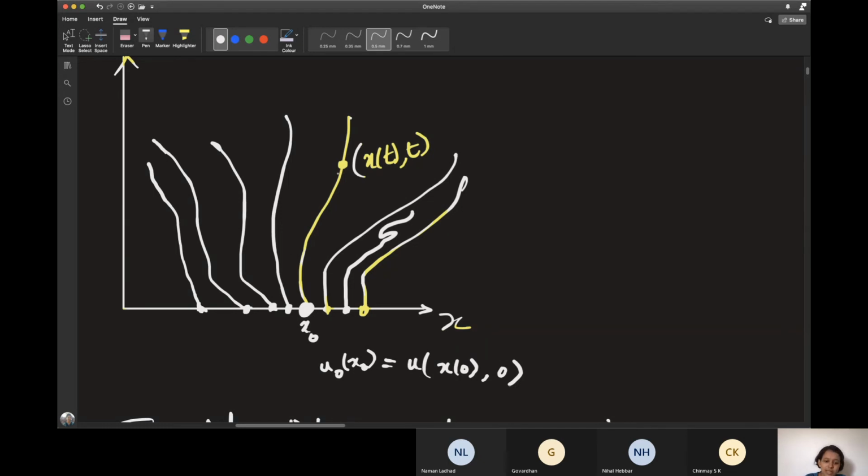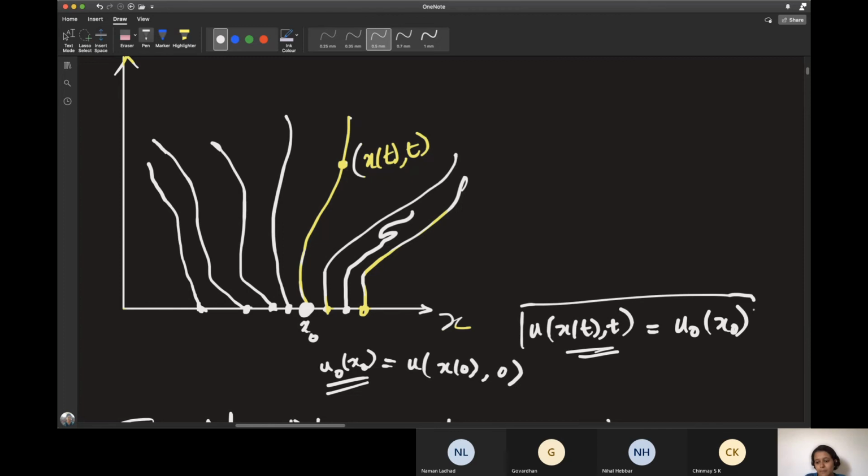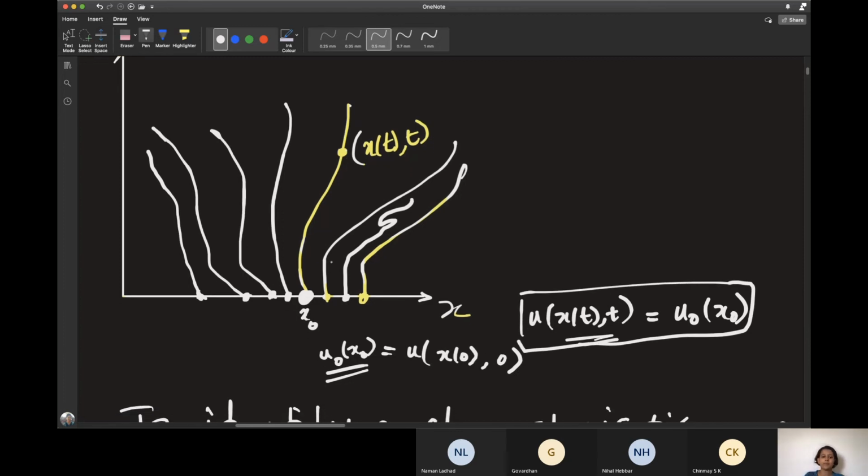Since along this line you have the same function u naught of x naught, even at this point x of t comma t, your u will be u naught of x naught only, because along this characteristic your u naught is constant, and it is the same constant.